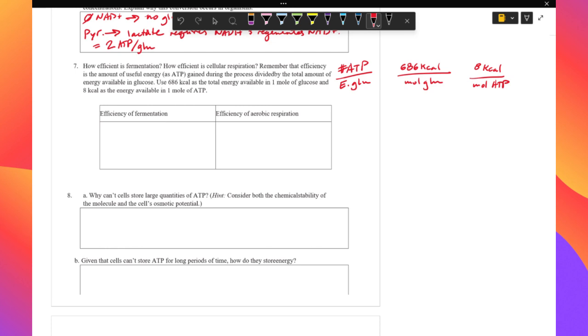Okay, so calculating our efficiency, we take the amount of ATP produced divided by the energy in glucose. So the energy of fermentation: we have 8 kcals per mole of ATP.